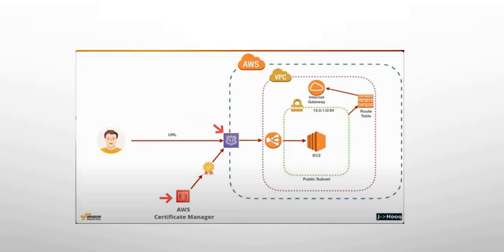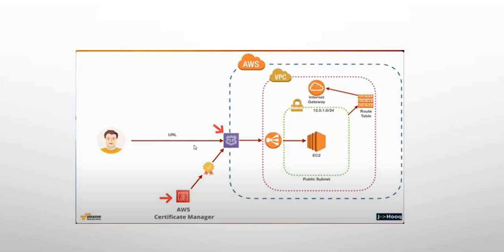Before creating the load balancer, we need to create the target groups. Then we need to create the load balancer. After creating the load balancer, users send a URL through Route 53. When Route 53 is created, it is connected to the load balancer, then it sends the URL to the EC2 instances.